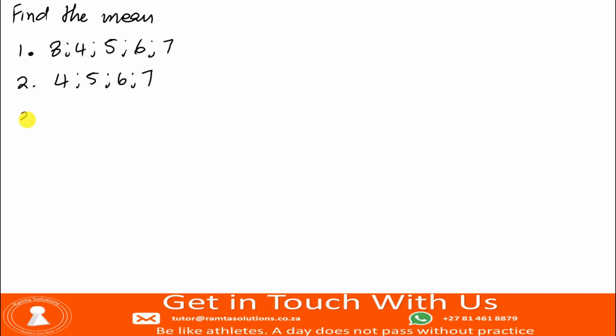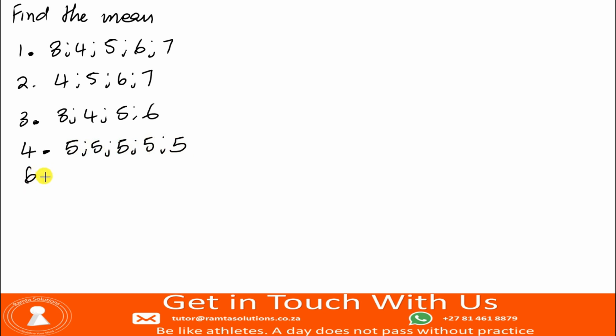Number 3, let's try for 3, 4, 5, 6. Number 4, let's try for 5, 5, 5, 5, 5. Number 5, let's try for 0, 0, 0, 0, and then 10.